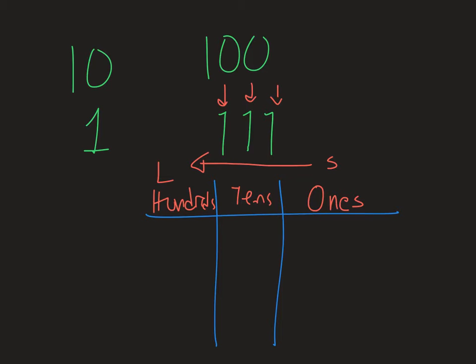Let me go ahead and write the numbers above them in yellow. Ones, tens, hundreds. Okay, so in this number 111, let's take a look. This first section here on the right is the ones place. How many ones do we have in the ones place?